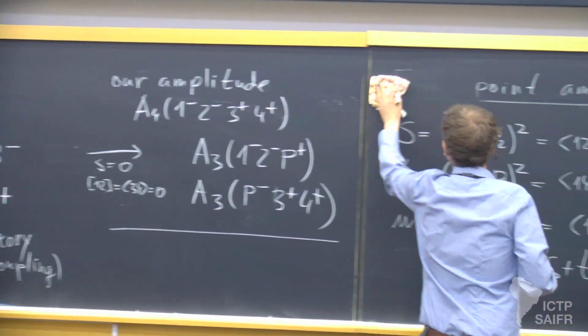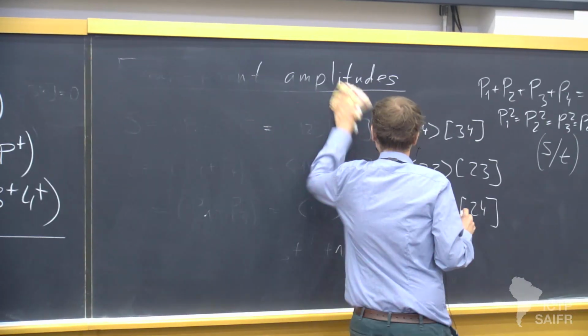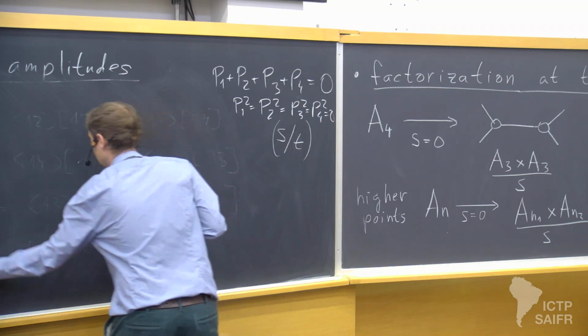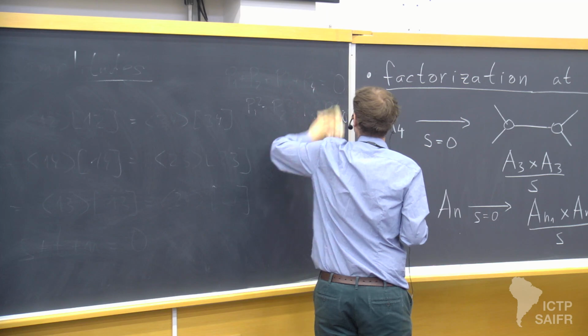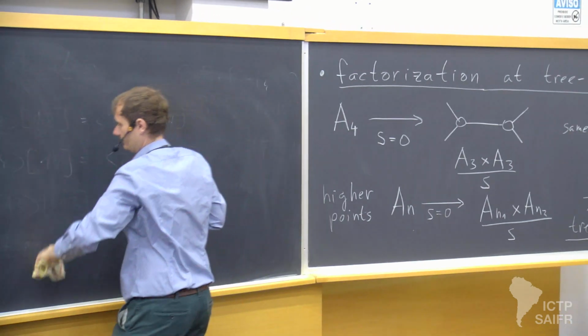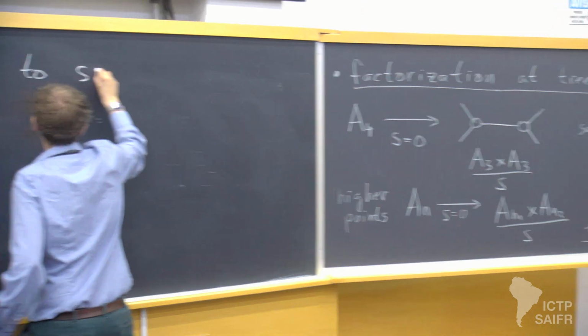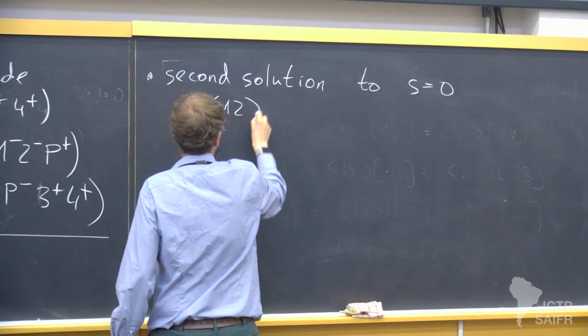Now you can ask, what about the other solution to the S-pole? So the second solution to S is 0, that was 1, 2, and 3, 4.